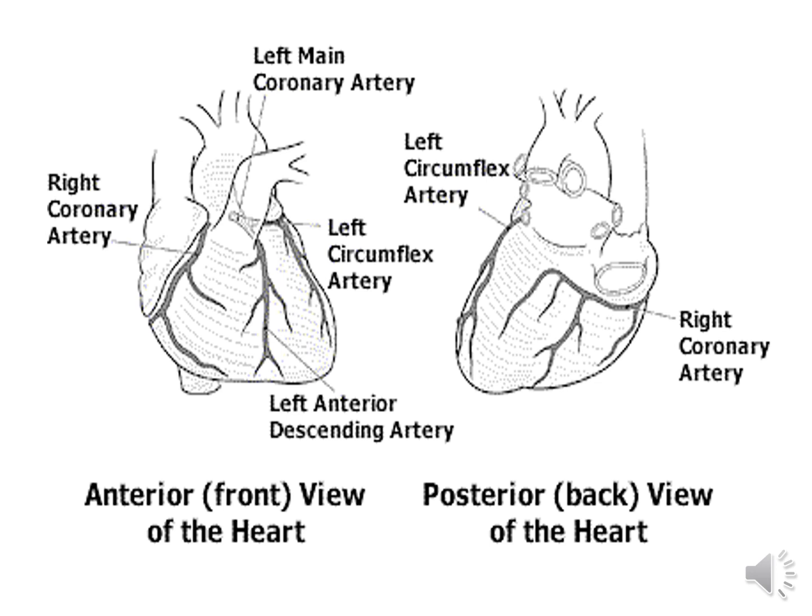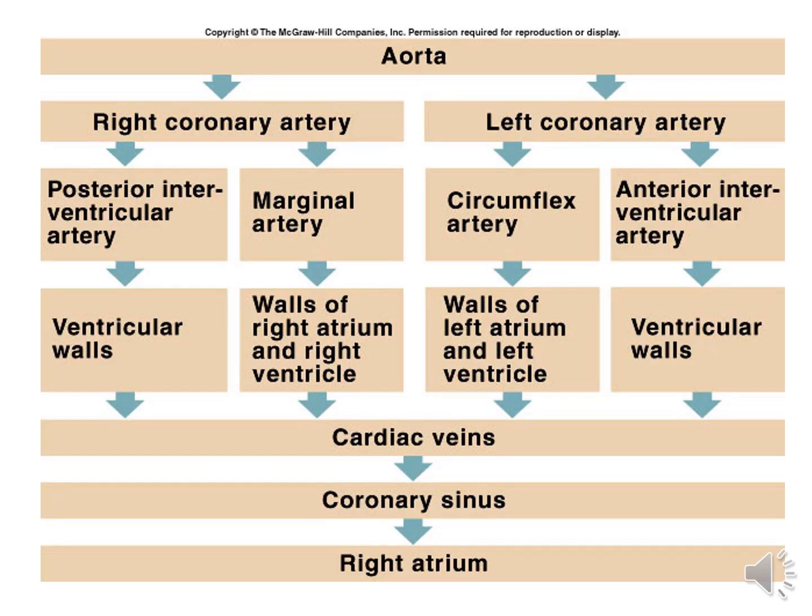This is the anterior view of the heart: RV, LV, and apex. This is the posterior view of the heart: left atrium and 4 pulmonary veins. Aorta.